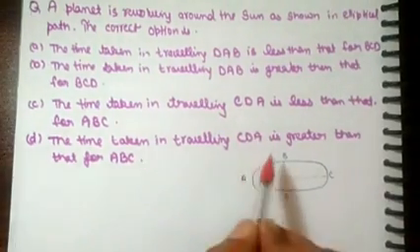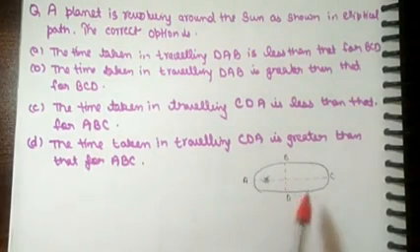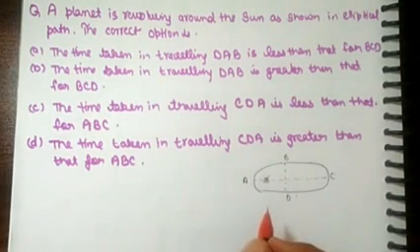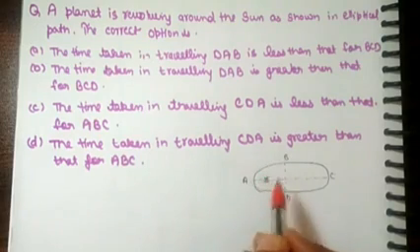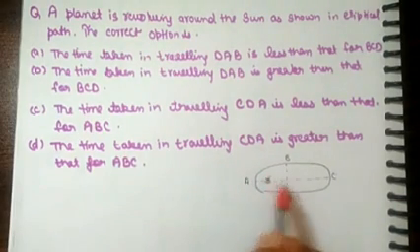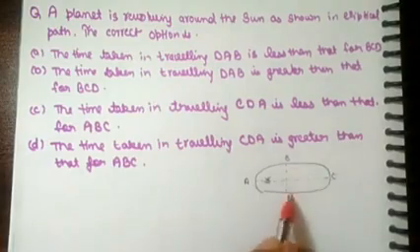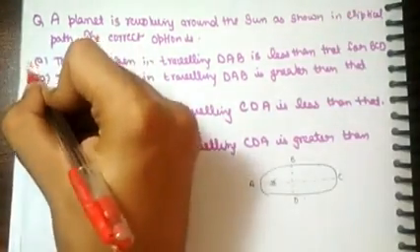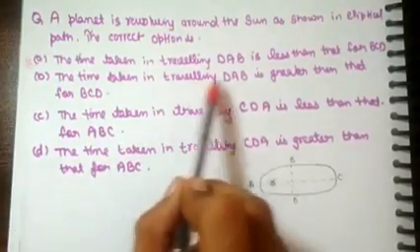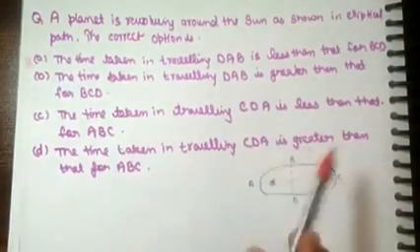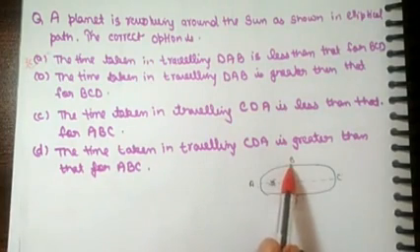Actually this statement is true, because this part here is nearer to the Sun compared to BCD. So the first option will be right. Now coming to the second option, it is saying the time taken in traveling DAB is greater than that of BCD.